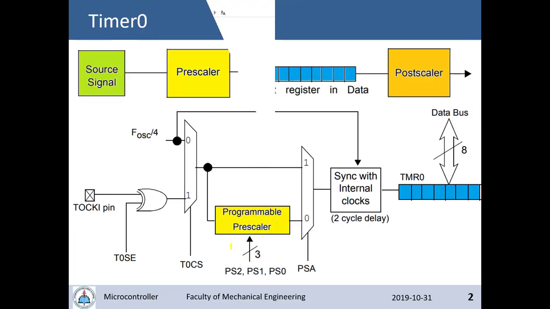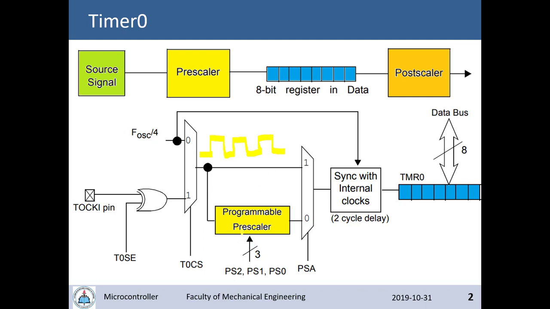Before the clock source reaches the timer, we have the programmable prescaler. The prescaler is something that scales the pulses. For example, the input pulses are 1, 2, 3, 4, 5, and so on.